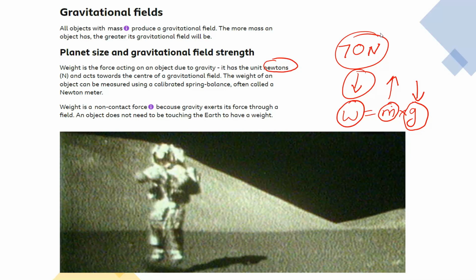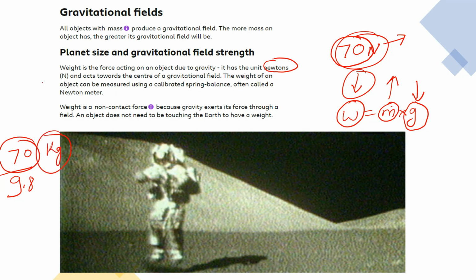When we weigh ourselves on a weighing scale and it gives you 70, that is your weight, 70 newtons. If you want to find your mass, it will be 70 divided by 9.8. That gives you your actual mass in kilograms, the amount of material or quantity present inside your body. That is called your mass.